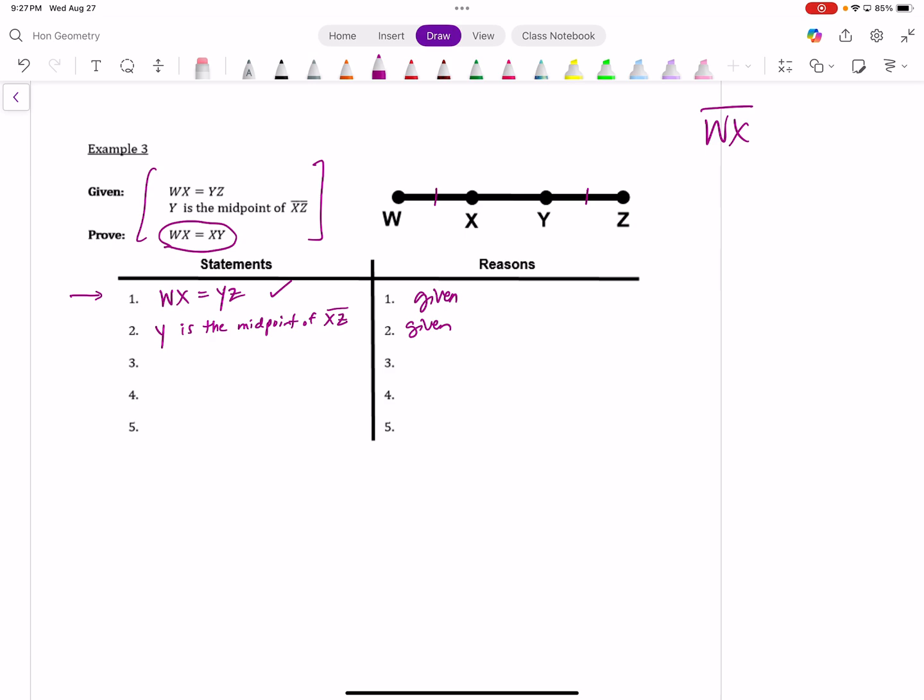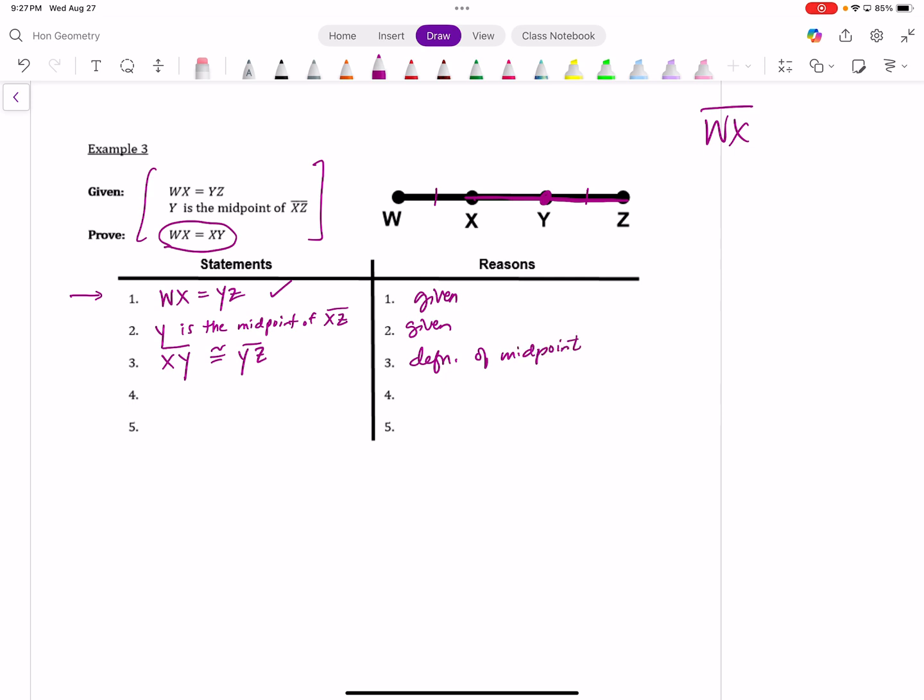This next one, if Y is the midpoint of XZ, then what that tells me is that XY is congruent to YZ, because that's the definition of a midpoint. A midpoint creates those 2 congruent segments.